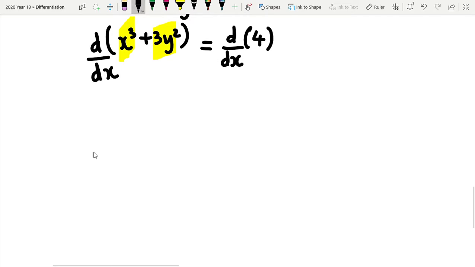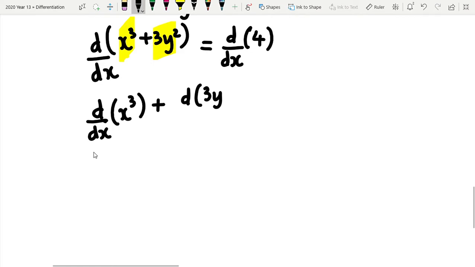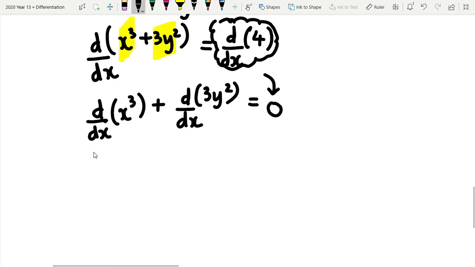If I treat them separately, it will look like this: d x cubed over dx, plus d 3y squared over dx, equals d of the number 4 over dx. You know what happens when you differentiate a number? It will become 0.